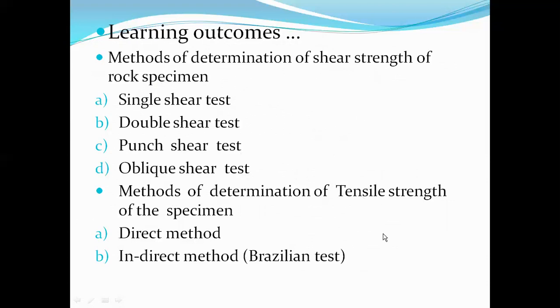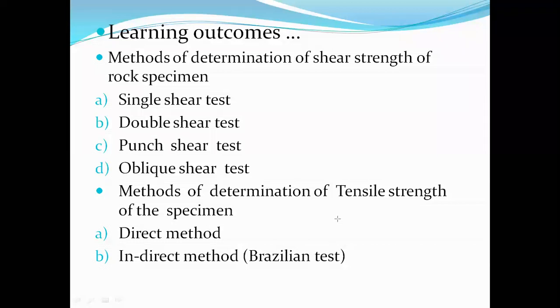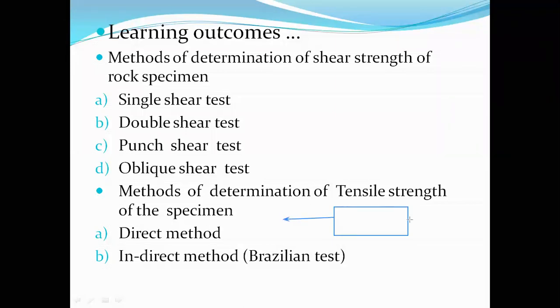Whereas in case of tensile, I hope you all know it, but just to recap, let's say this is a block of rock mass, and the force which is acting like this is known as tensile.